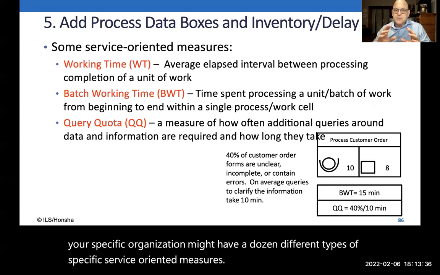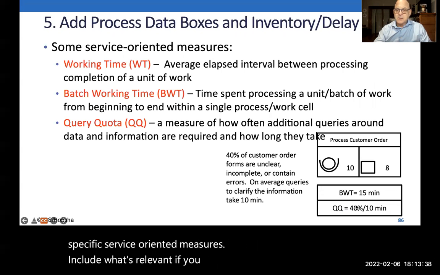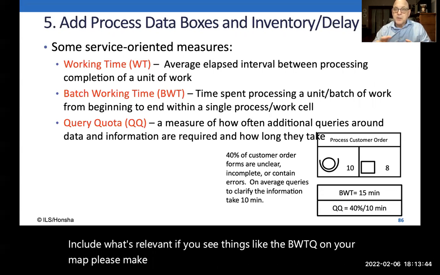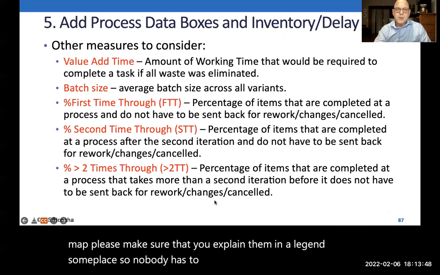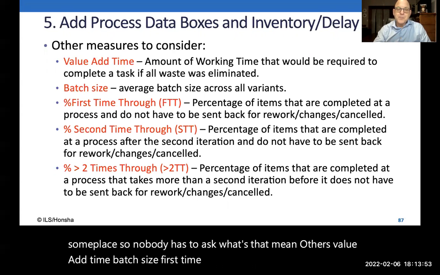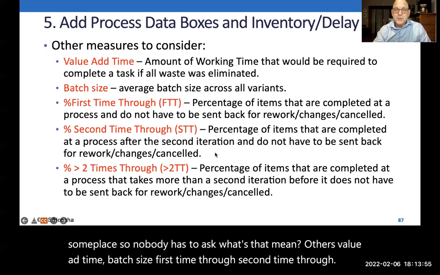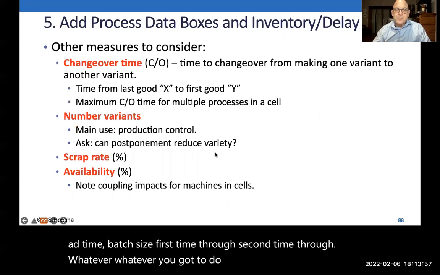Include what's relevant. If you see things like BWT and QQ on your map, please make sure you explain them in a legend someplace so nobody has to ask what that means. Others include value add time, batch size, first time through, second time through, whatever. Capture whatever you need to know.